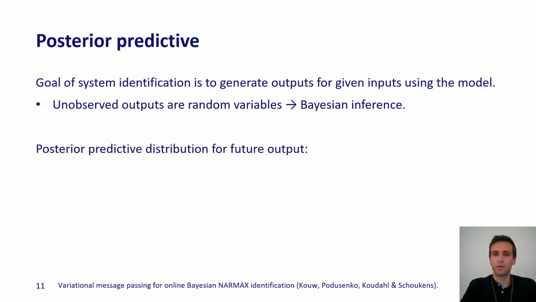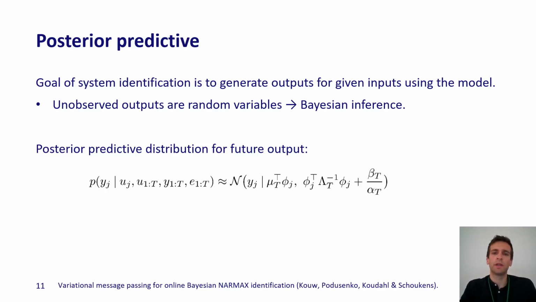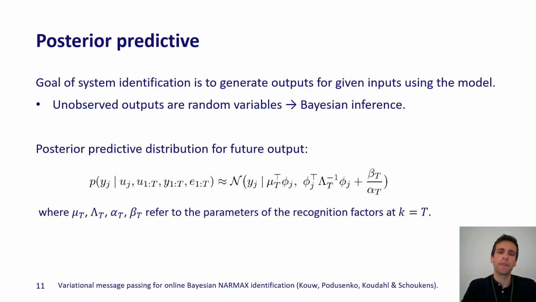We call that a posterior predictive distribution, and that looks like this. It's essentially approximately Gaussian. We have some mean and some covariance around that, and mu t, lambda t, alpha t, and beta t are just the final variational parameters of the recognition factors at k equal to t.